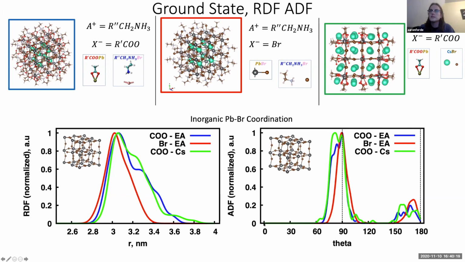So the x-axis is degrees for three points. 90 degrees is a right angle between the bonds, or between the three species, and 180 would be a line between the bonds.